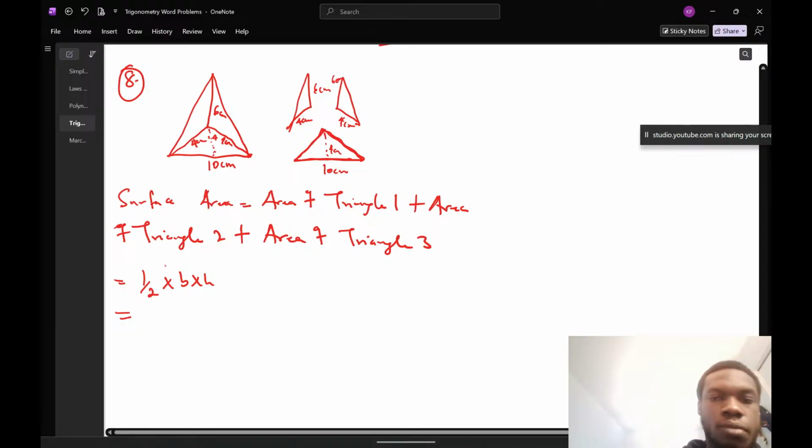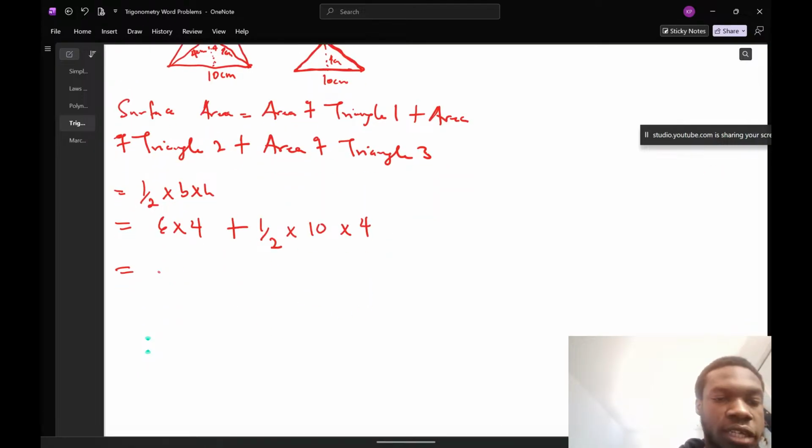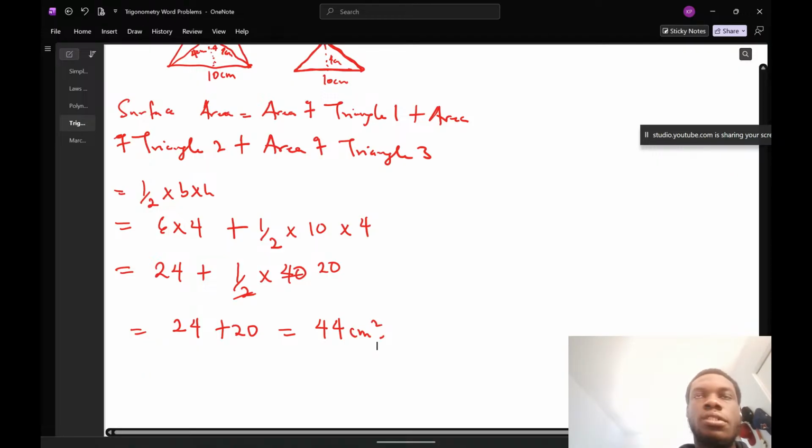So that will be 6 times 4, plus triangle 3, which is 1/2 times 10 times 4. 6 times 4 is 24, plus 1/2 times 10 times 4 is 40, divided by 2 is 20. So 24 plus 20 is equal to 44 centimeters squared. So this will be the surface area.